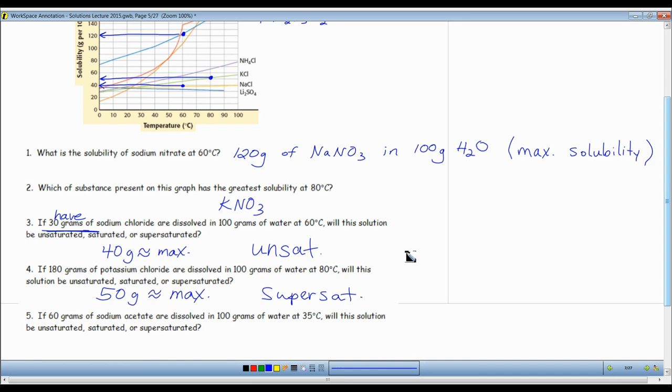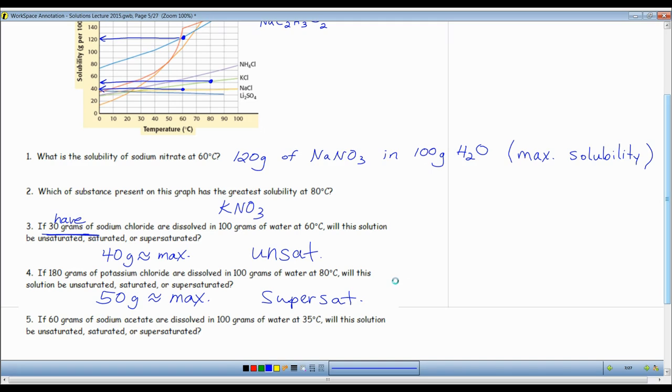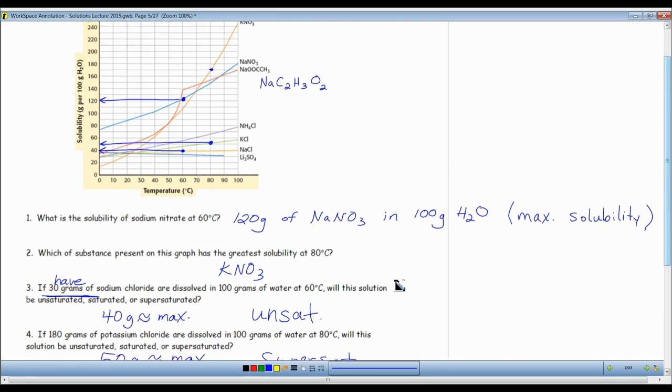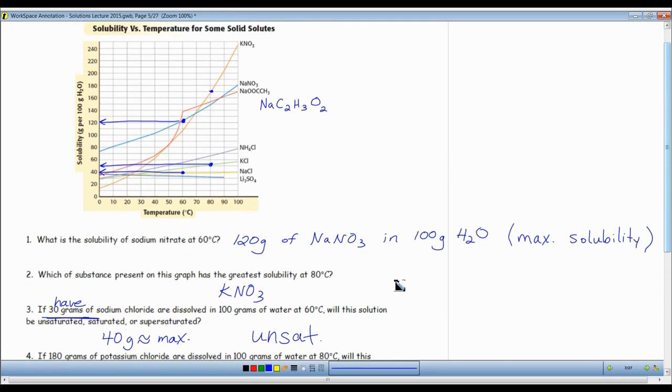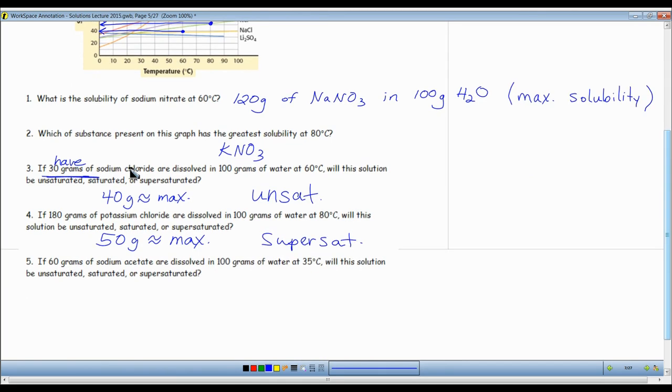Okay, so I'm going to ignore the 60. I want to find the maximum solubility at 35 degrees. All right, so 35 degrees. Goofy red line. Okay, it's 35. And what do I know? The maximum is 60.